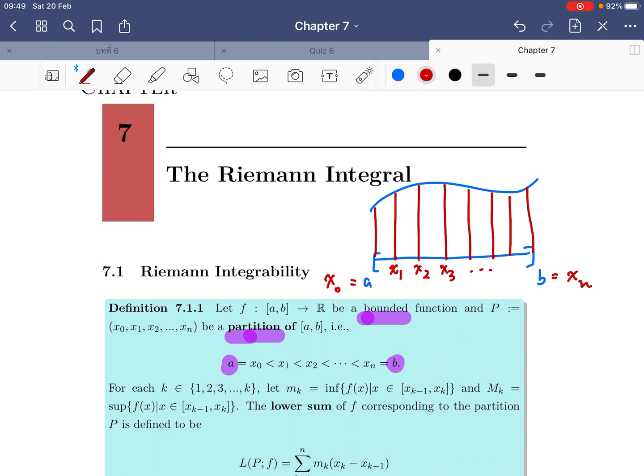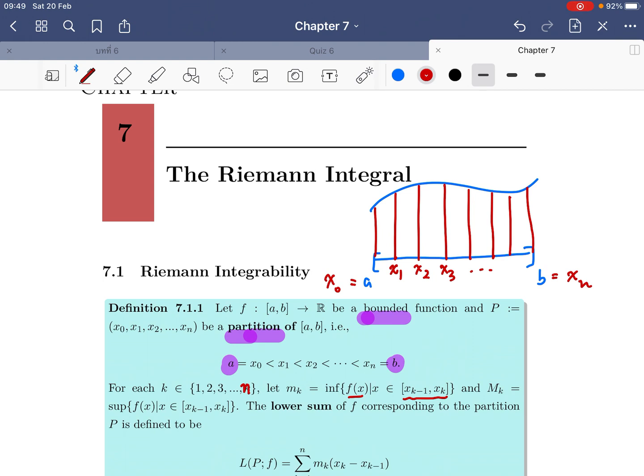And then for each k, I'm sorry, from 1 to n, we are going to let mk be the infimum of all the function values f(x) within the closed interval from x_(k-1) to x_k.